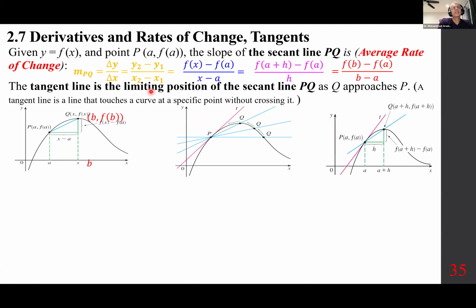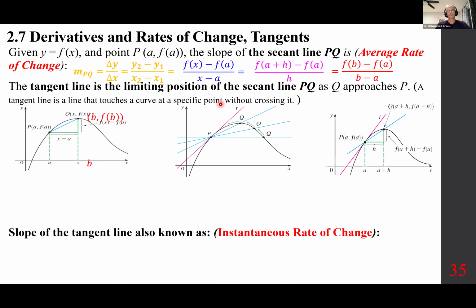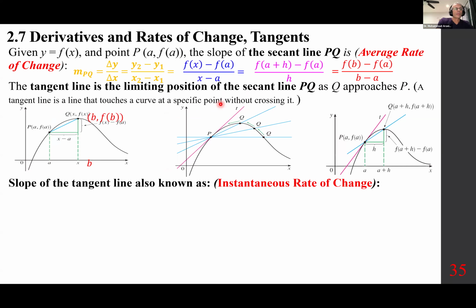The tangent line is the limiting position of the secant line PQ as Q approaches P. A tangent line is a line that touches a curve at a specific point without crossing it. Slope of a tangent line, also known as instantaneous rate of change.